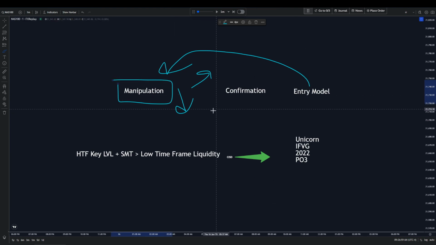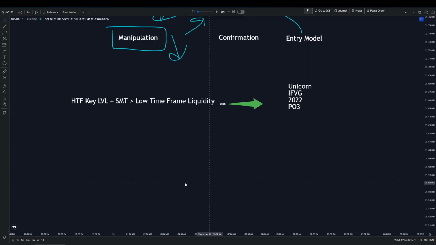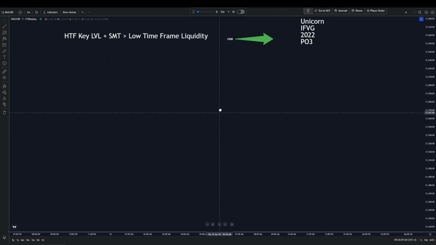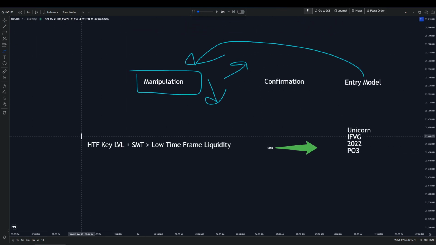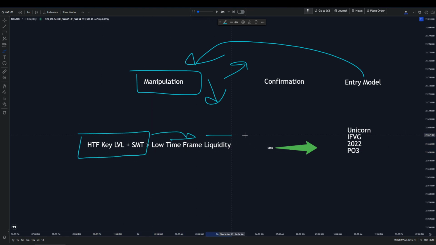Right? We're not just blindly pattern trading. That's what I'm trying to get through to you guys' heads, is that before the entry model, there are things that have to happen, and what I want you guys to change in your trading is implementing the high time frame, aligning that with your low time frame liquidity, which will then grant you your entry model.